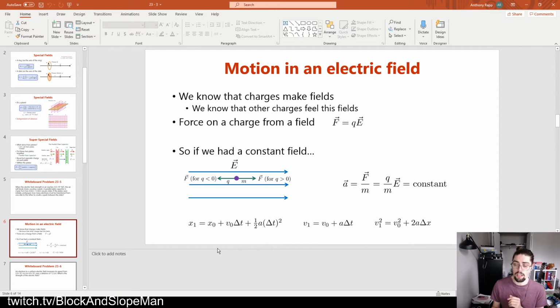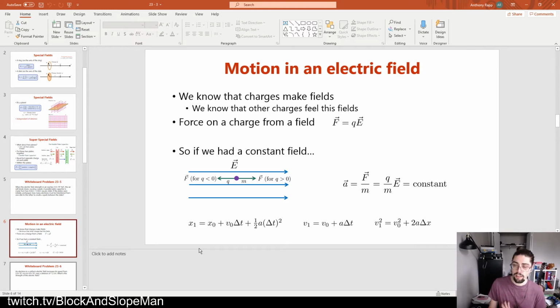Remember that all of these things assume that acceleration was constant. If acceleration's not constant, the equations get a little bit more messy. There are still equations that describe those, but they're not ones that we've covered because they start adding more and more and more terms, and it just becomes too much of a headache at a certain point.